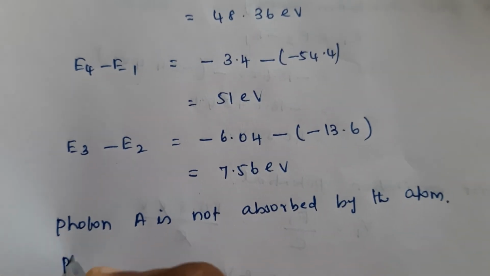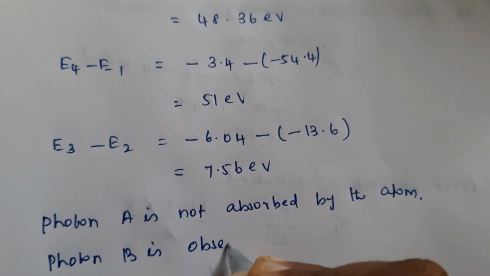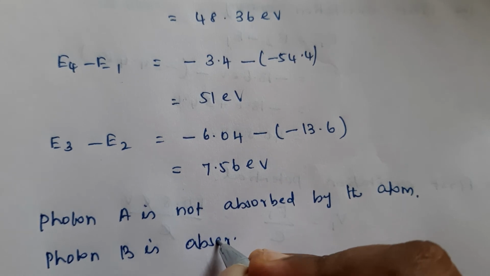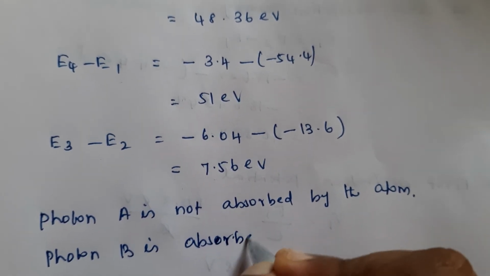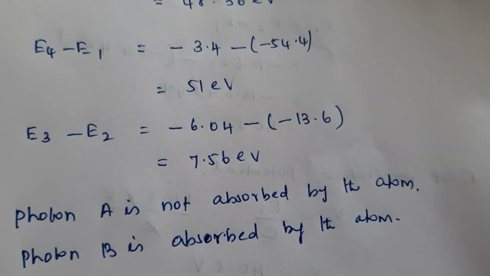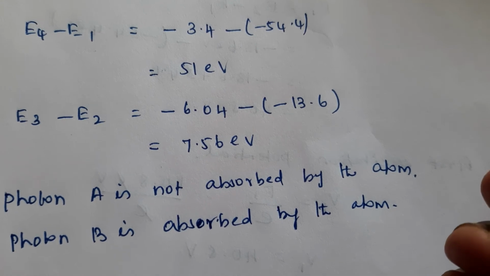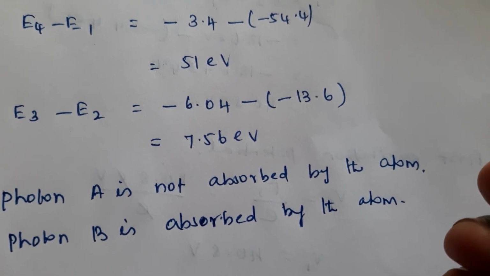So photon B is absorbed by the atom. So we have calculated which one is absorbed and which one is not absorbed.